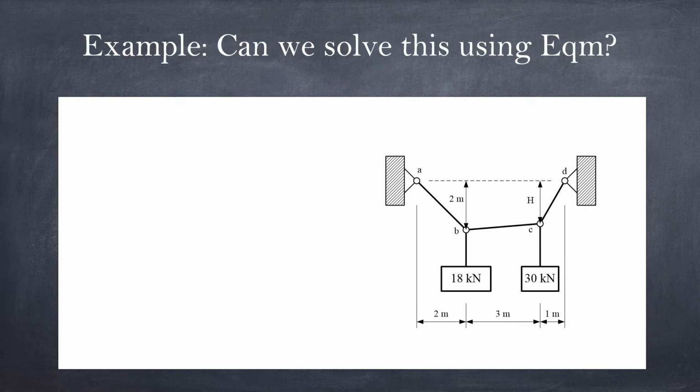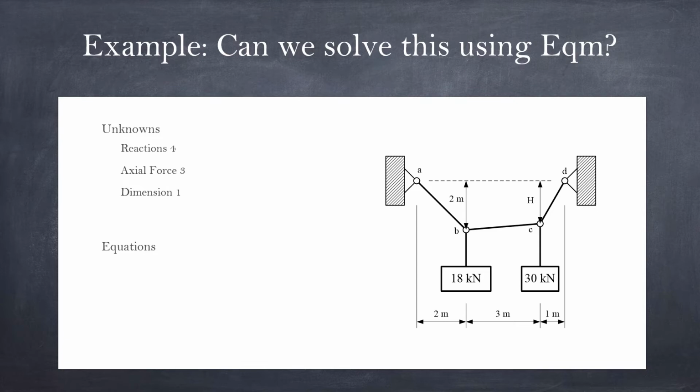Before we actually start with the calculation, let's ask ourselves first, can we solve this using equilibrium? So basically we are trying to figure out whether we have enough equations to solve all the unknowns we want to solve. So let's start from analyzing the unknowns, and then follow it up with the equations. In the example, the unknowns are obvious. We have 4 reactions, 2 at pin support A and 2 at pin support D. So basically that's 4.